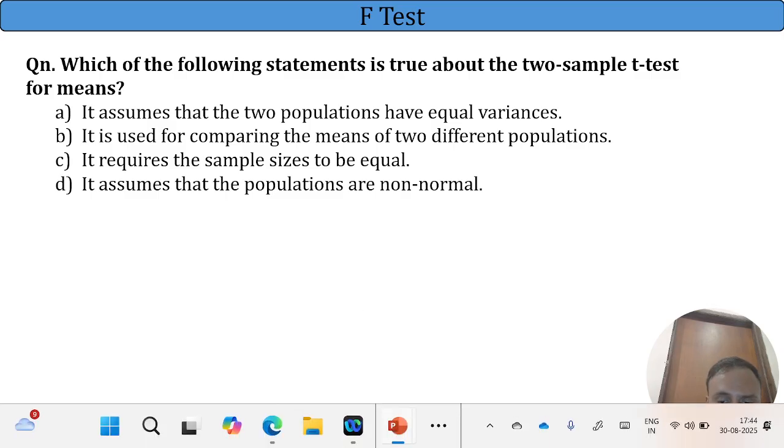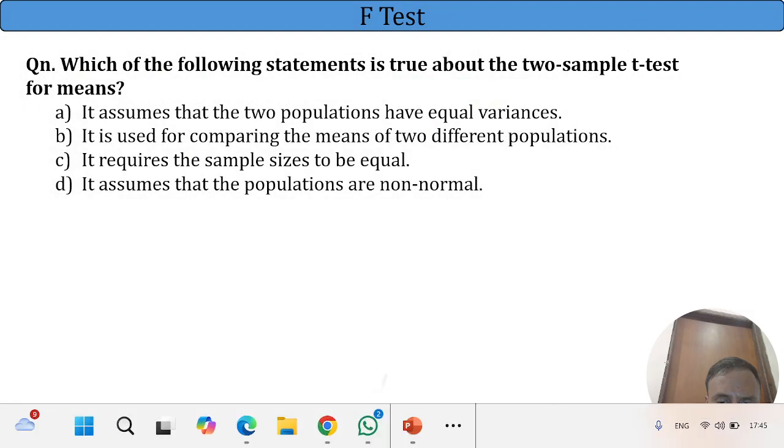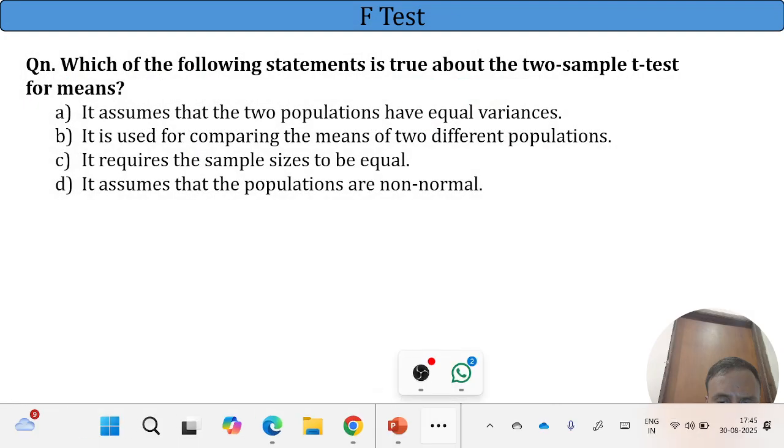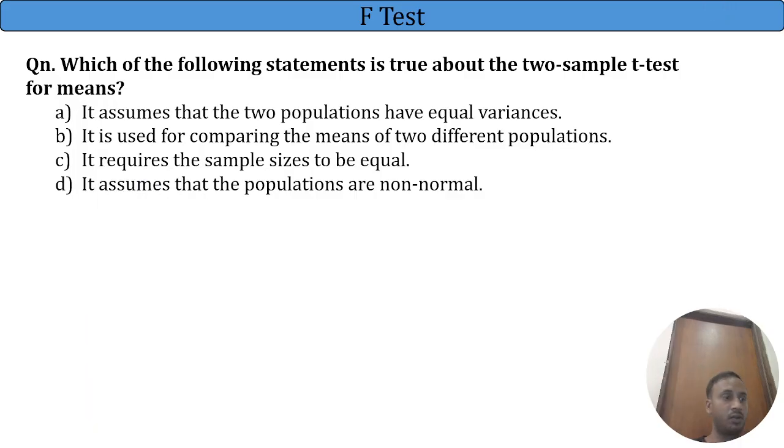Just tell me. I'll wait for some time. It assumes that two populations have equal variances. It's not always true now.